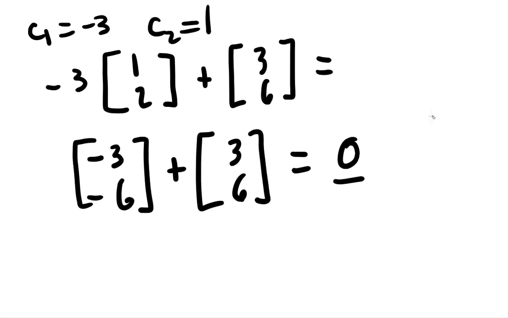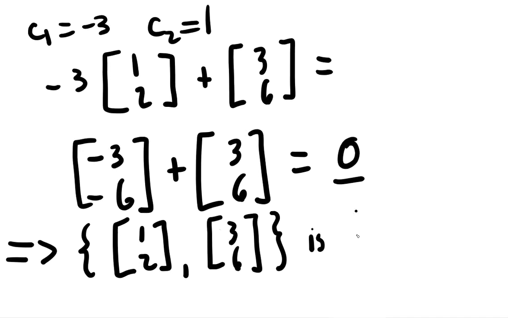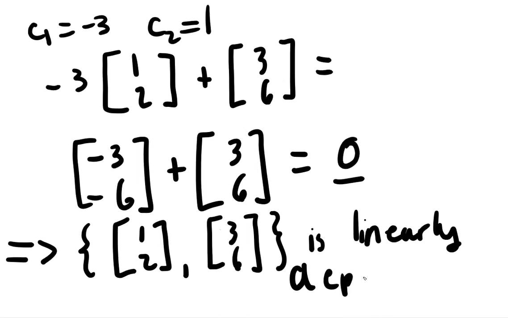Since we satisfied the definition of linear dependence, these two vectors are linearly dependent. Therefore, the vectors 1, 2 and 3, 6 are linearly dependent.